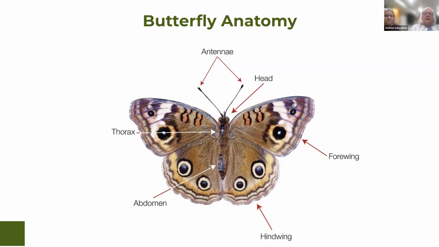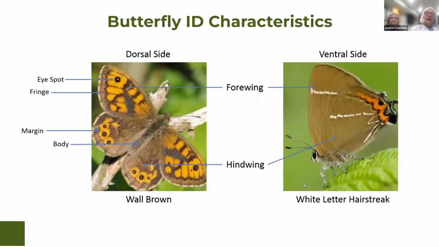First of all, we've got to look at the anatomy. We have the head, and then the thorax, and the abdomen, then the hind wing and the forewings. Those are the main parts that you look at. We're going to talk every so often about eye spots, which are right there.